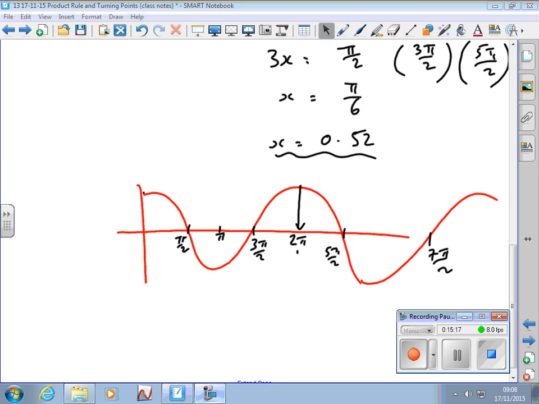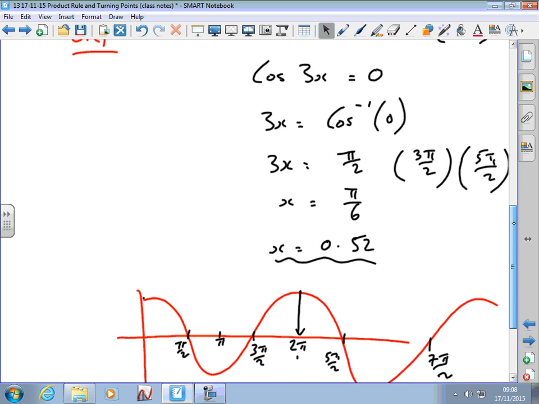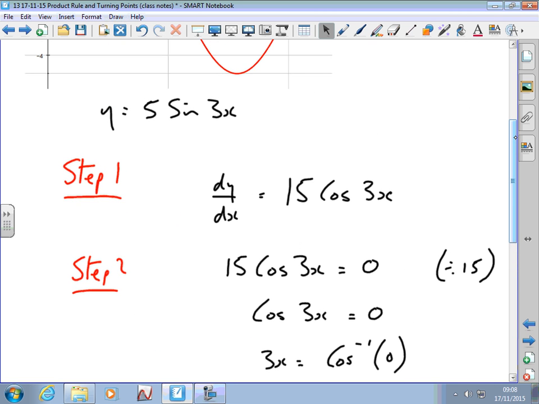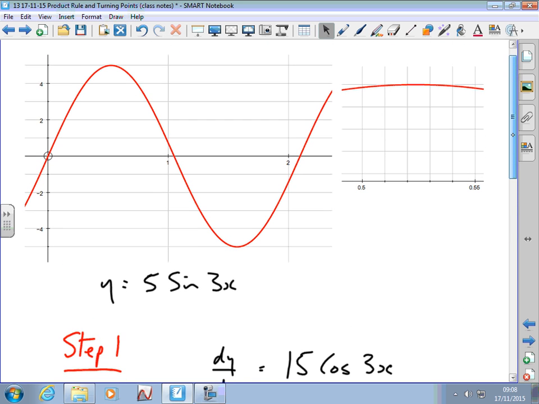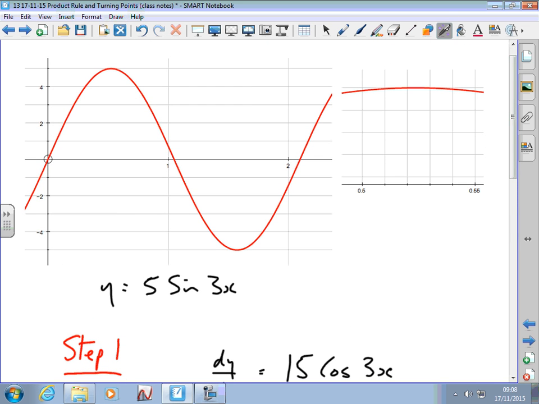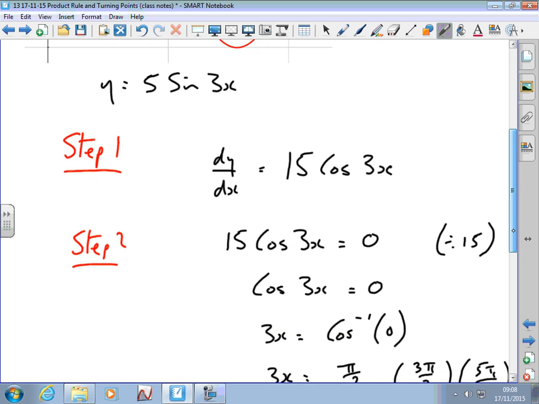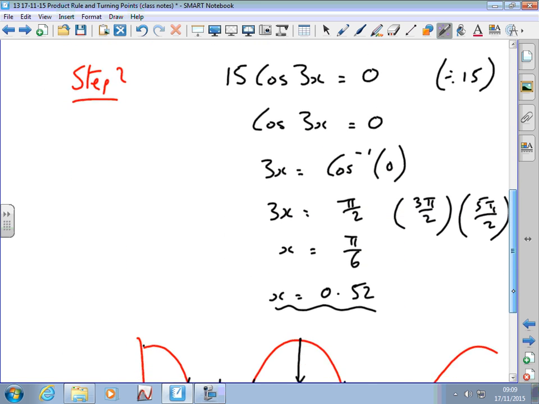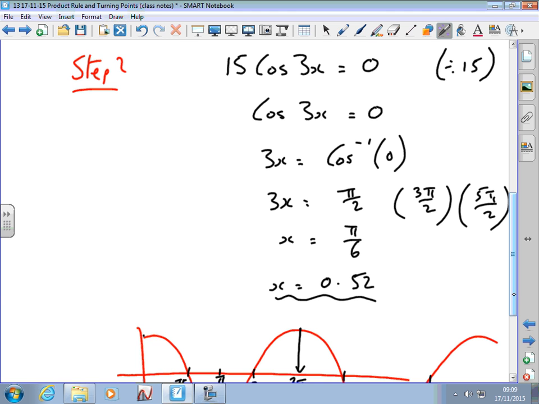Just to recap, make sure we're not losing our track here, because I've gone off on a bit of a tangent. So what are we doing? We're after finding the positions at which we get this maximum value. Step 1, differentiate. Step 2, let that equal 0, which gets us to here. 3x equals the angle whose cosine is 0.